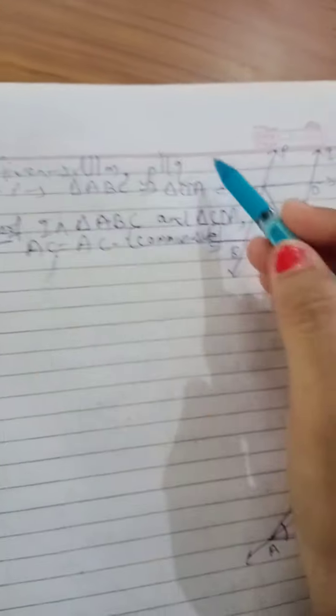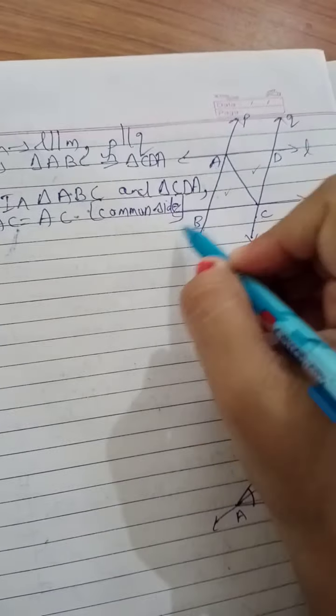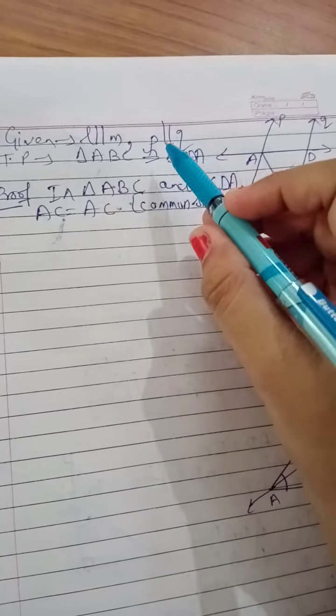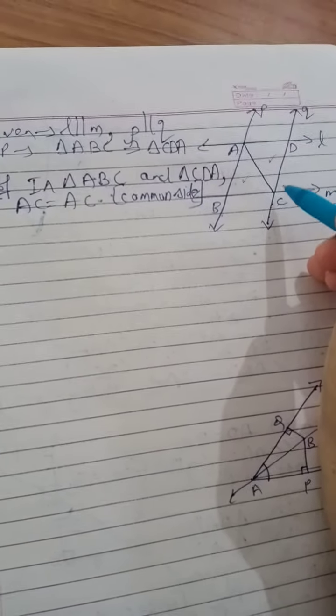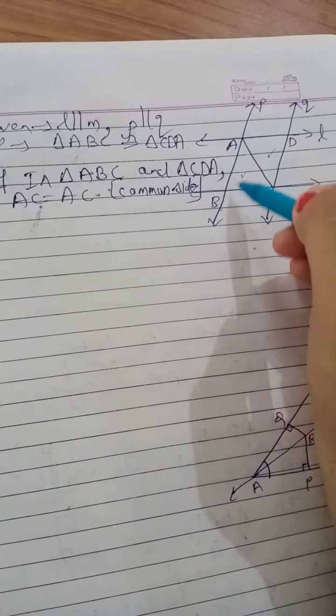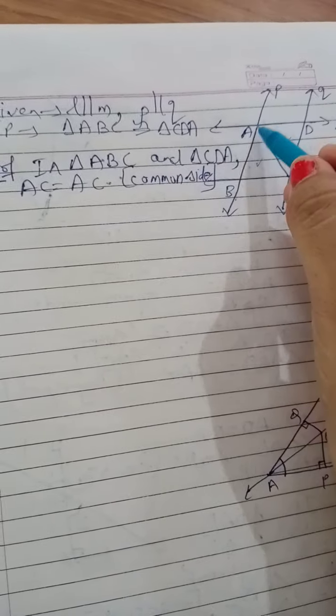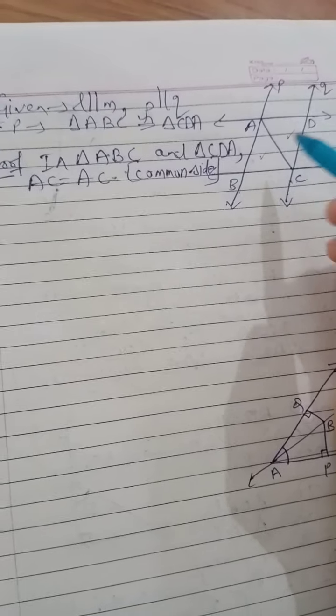Firstly, look, I have made this figure and I have already written what is given to us: that L is parallel to M. Second thing, P is parallel to Q. What we have to prove is that triangle ABC is congruent to triangle CDA. Okay?